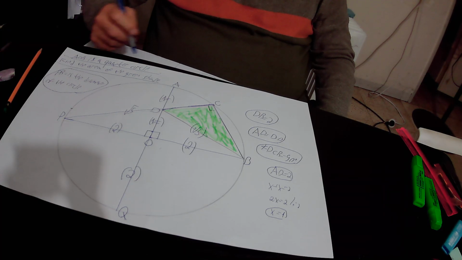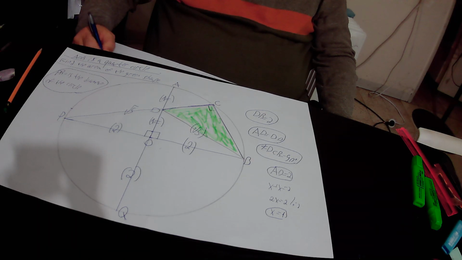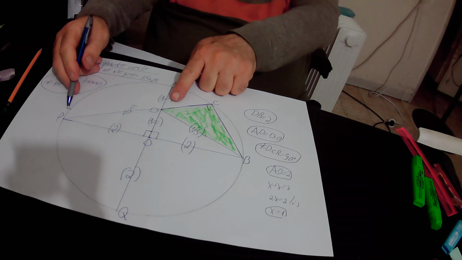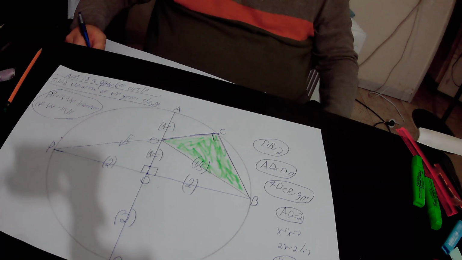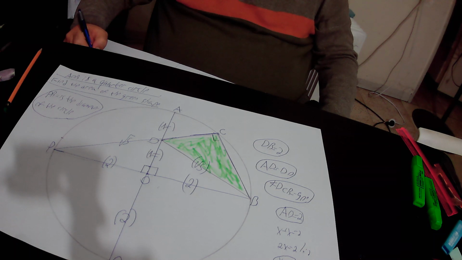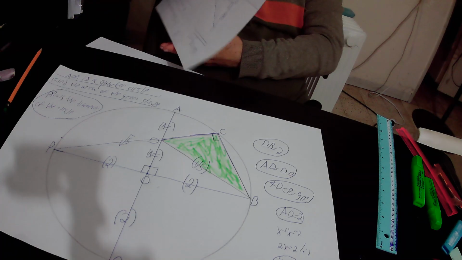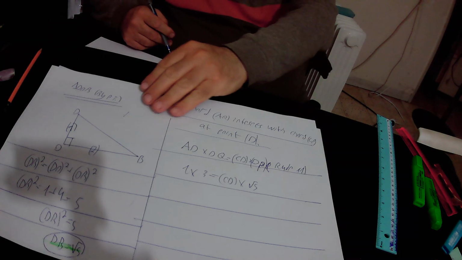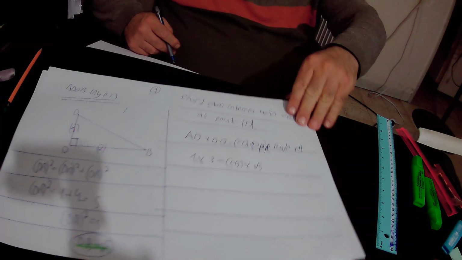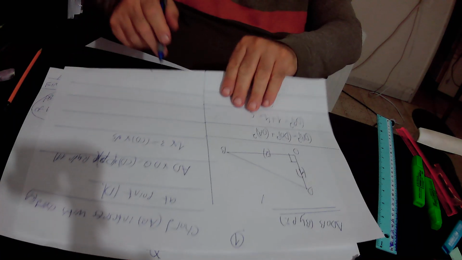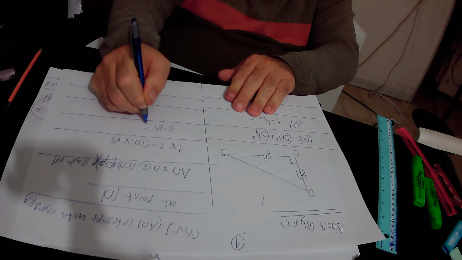And it equals CD, the missing side, so we leave it as it is, times DP. DP equals the square root of 5 units. So we found that 1 times 3 equals CD times square root of 5. So 1 times 3 is 3, so 3 equals square root of 5 times CD.